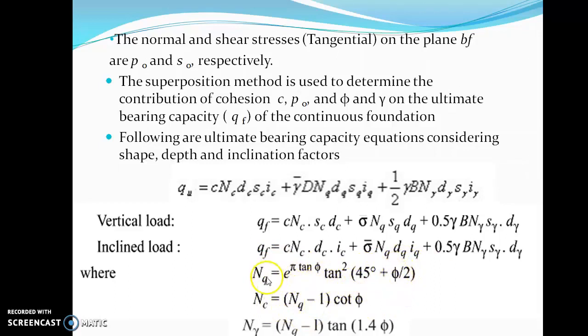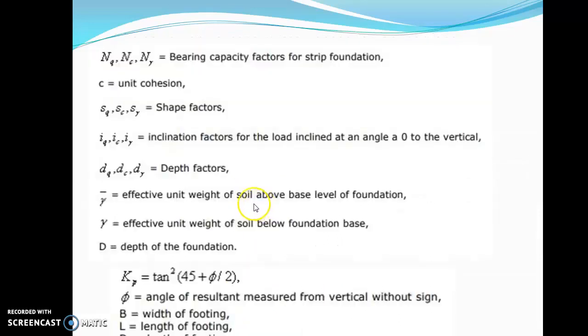When phi changes, the value of these factors will change. Everything entirely depends only on phi. So there is a tabular column wherein you will have one column of phi and then the corresponding Nc, Nq and N gamma factors. Now coming to these sc, ic and dc factors. What are sc, ic, dc?